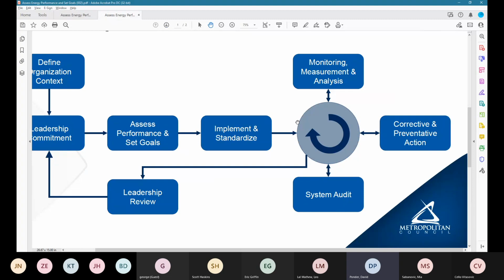Are you maintaining the data systems? Are you moving forward the implementation opportunities that you've identified? And those sorts of things. And based on that, you have a correction cycle internal to the system.